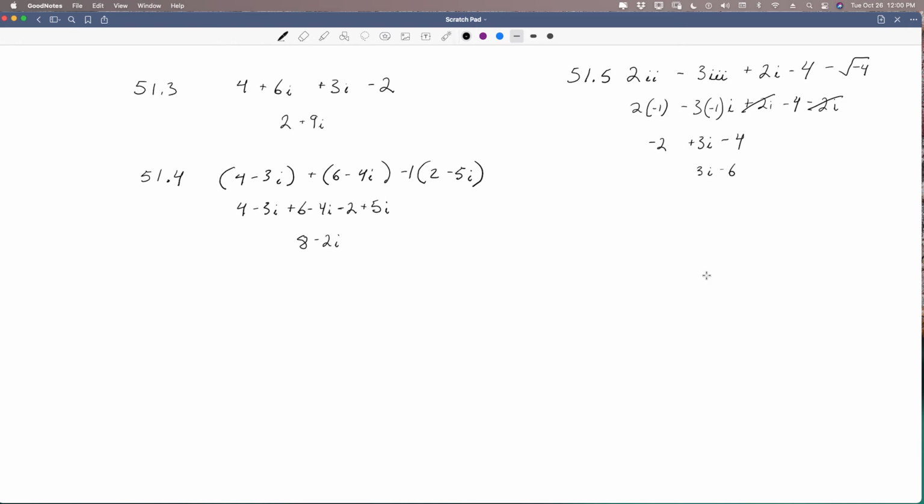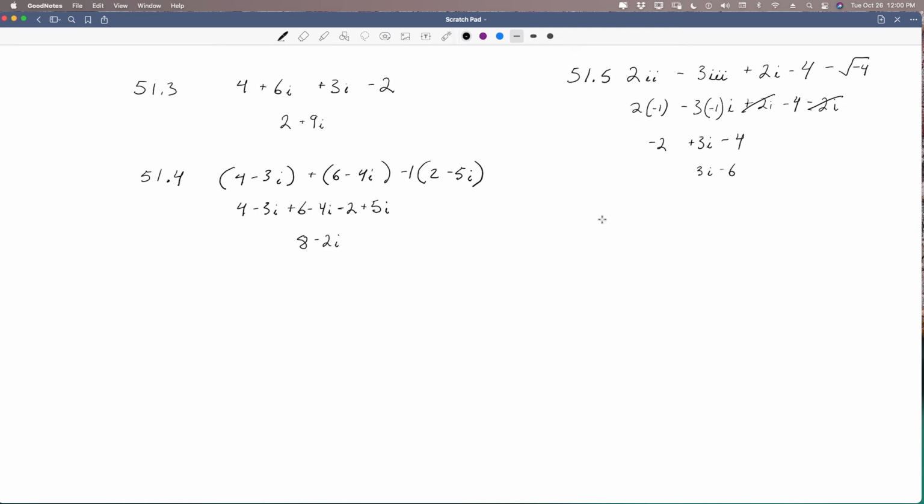So what matters based on this problem is, do I have an even number of i's? Because if you have an even number, then you can pair them up into -1s and get rid of them. That means if you have 4 i's, then it's the same as having anything to the 0. It would just equal 1.